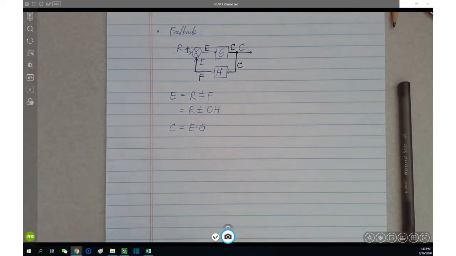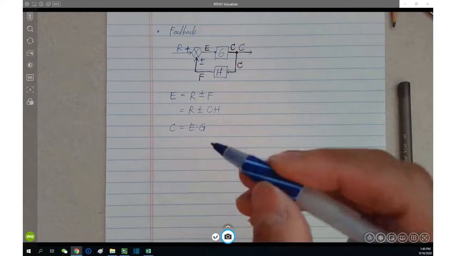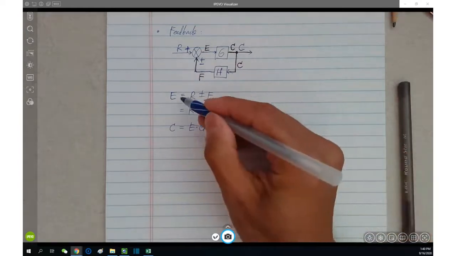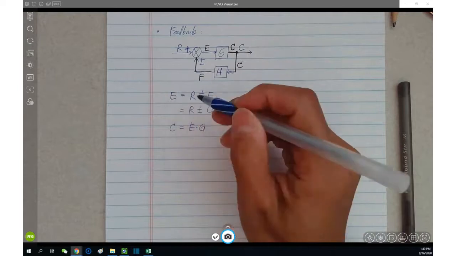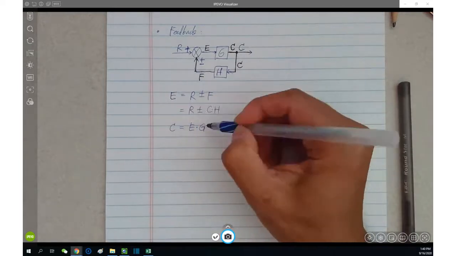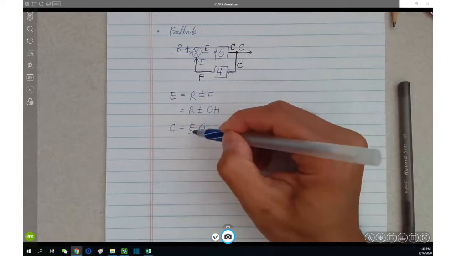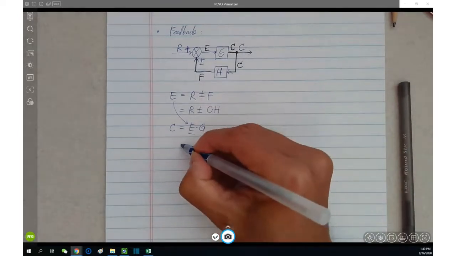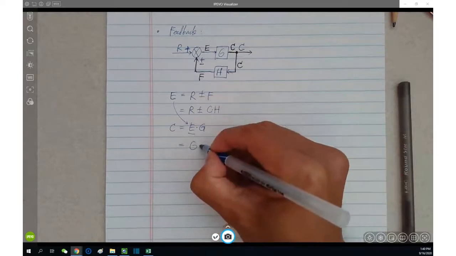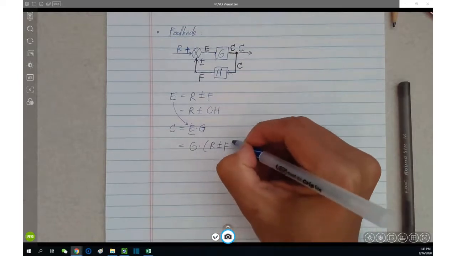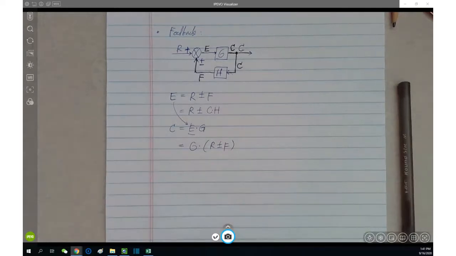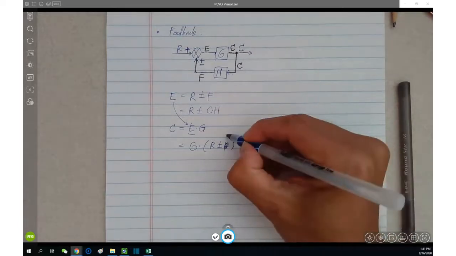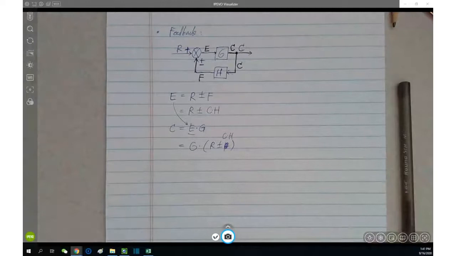What we need to do is substitute E in the second equation by the first equation. So C equals G times (R plus or minus F), and for F, let's just use C times H. Any questions so far?